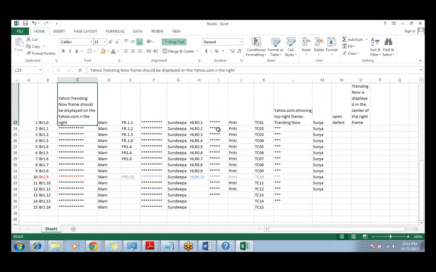It's not necessarily that even though this is the code which this test case is an outcome of, there could be a possibility that what you have in HLR 0.2, what piece of code you have written over here, is impacting this and shifting it down.